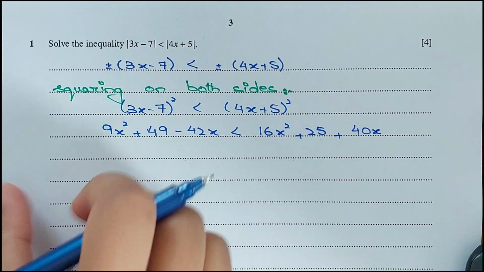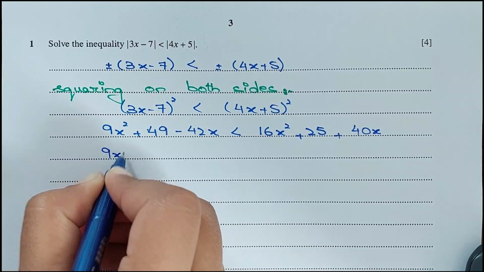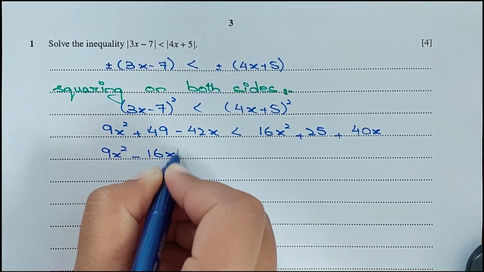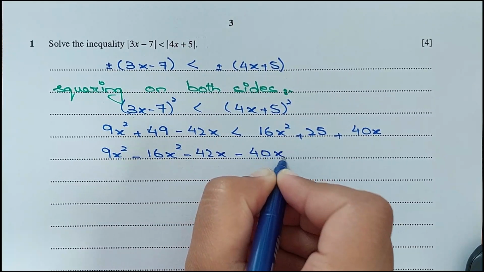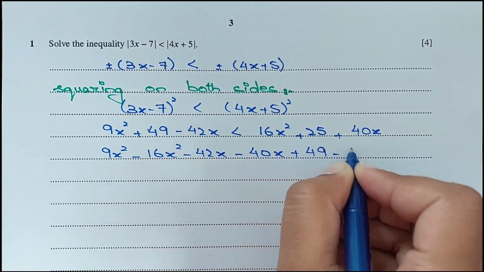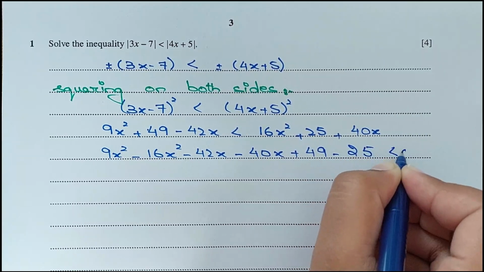Okay, shifting all the terms to the left side: 9x² - 16x² - 42x - 40x + 49 - 25 < 0.